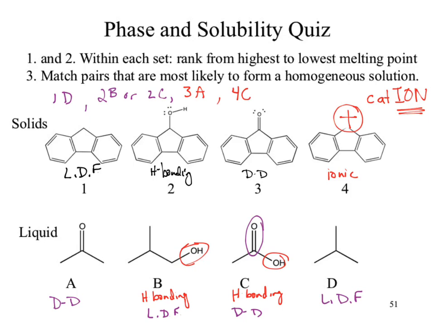C has the strongest forces. It has both hydrogen bonding and an extra dipole-dipole. A just has the dipole-dipole. Okay? This is a doozy. This is trying to get you to think outside of your box. Find those overlaps. Sorry, I want to walk away so you can talk to each other. Okay?